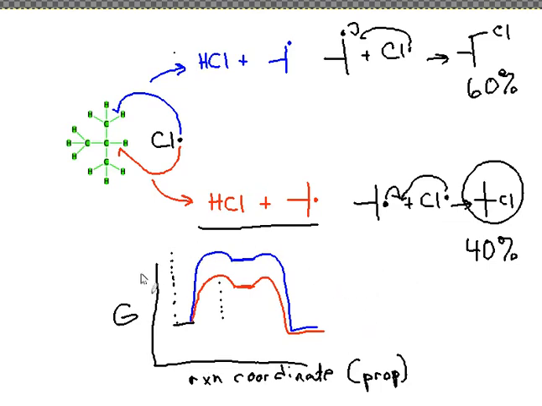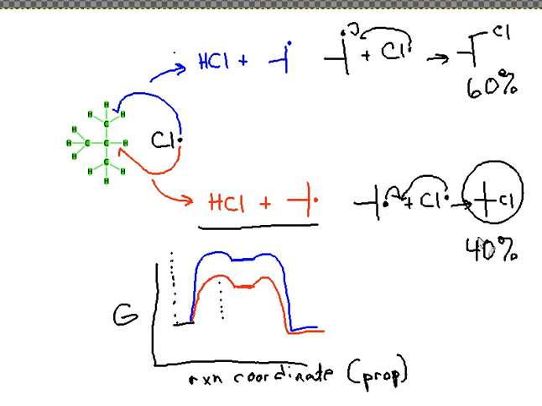Based on what we have talked about so far in this video, that doesn't make any sense. Those experimental results don't match our theory. Our theory states this is the fast reaction due to the transition state being lower in energy to this lower energy intermediate as compared to the high energy intermediate in transition state.